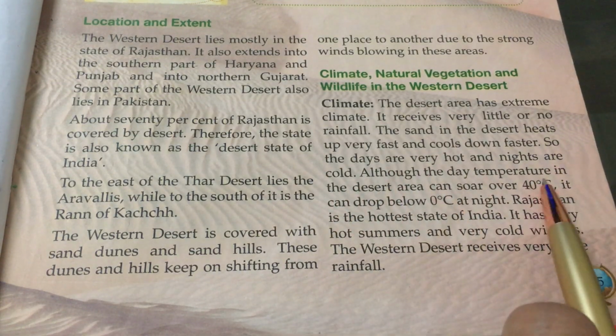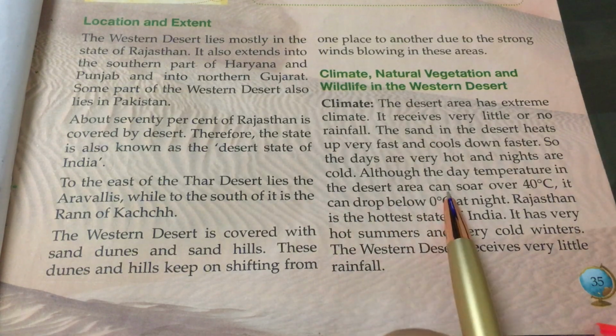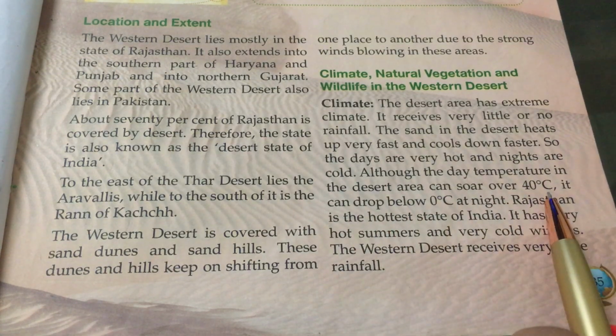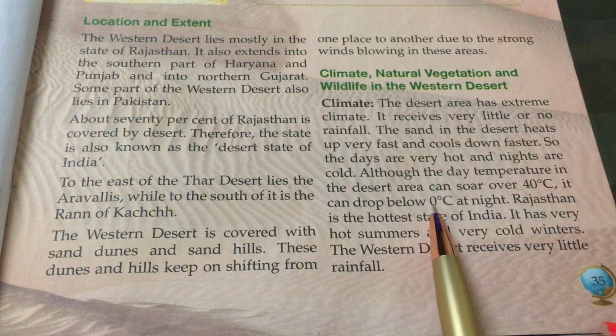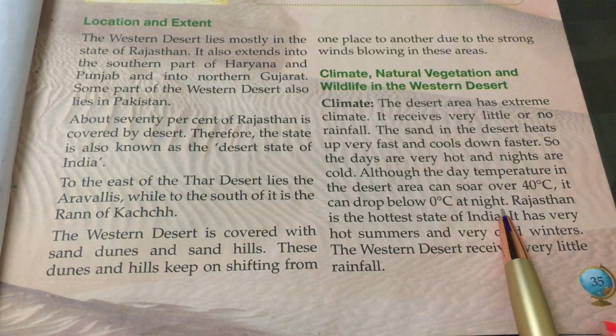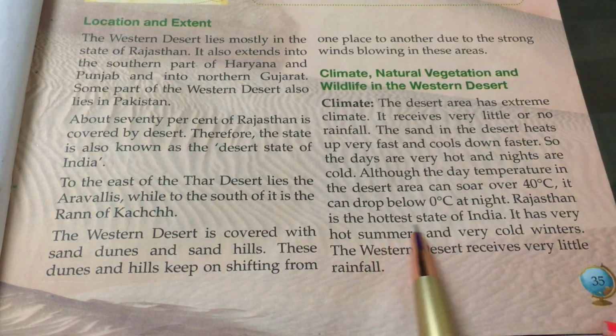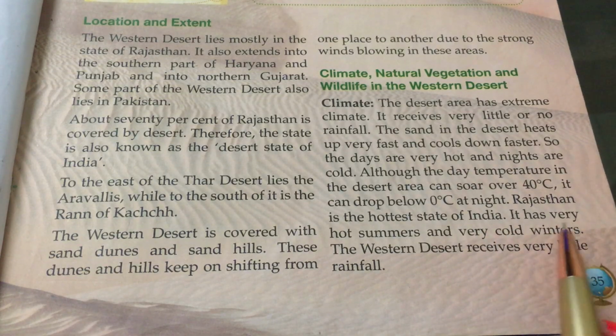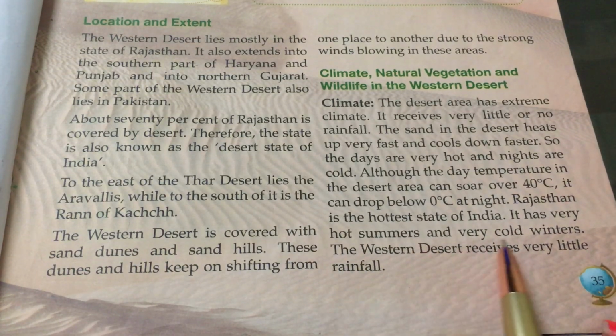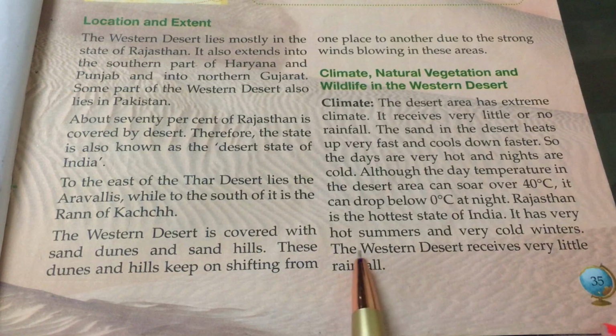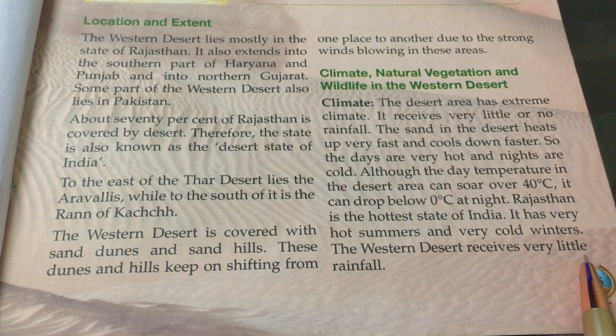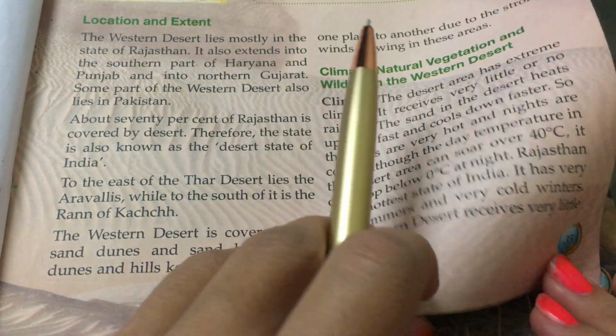Although the day temperature in the desert area can soar over 40 Celsius, it can drop below 0 Celsius at night. Rajasthan is the hottest state of India. It has very hot summers and very cold winters. The Western Desert receives very little rainfall.